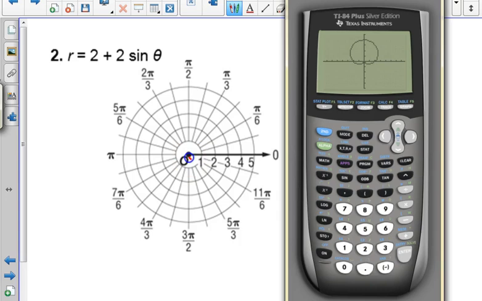On worksheet 10A, it names these. It's called a cardioid because it looks like a heart, doesn't it?